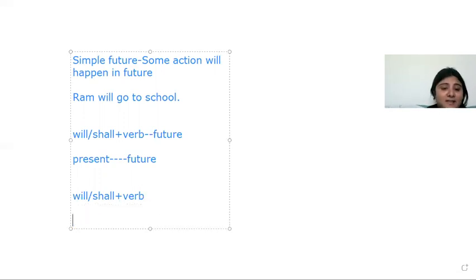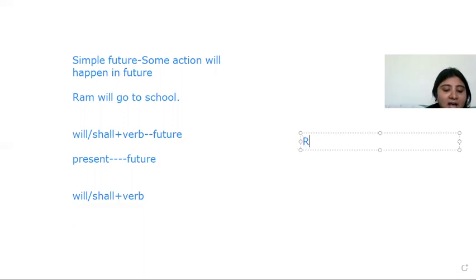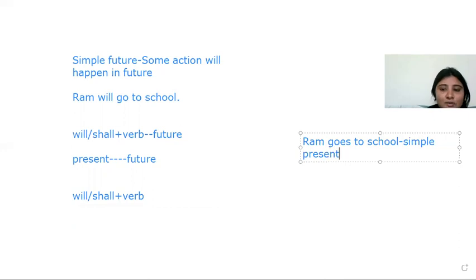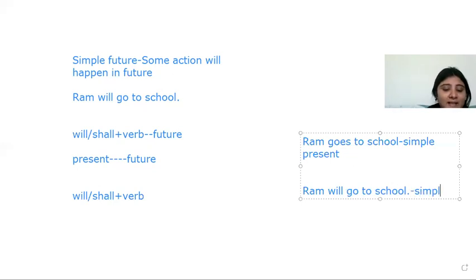For example, if my sentence is Ram goes to school, and this sentence is in simple present. Okay. And if I need to change this sentence to simple future, how will I write? Ram will go to school. And that is it. So then it will be changed to simple future.